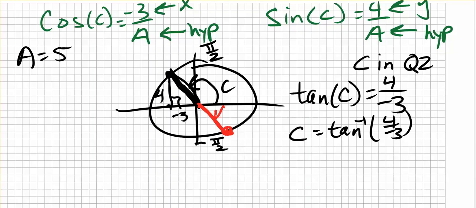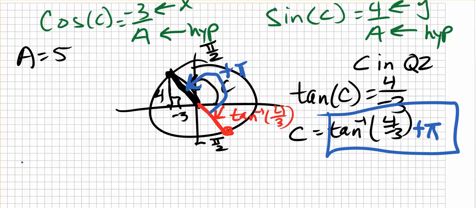So this angle right here is the inverse tan of 4 over 3. And that is not what C is. In order to get to C, we need to add pi to that angle, plus pi. So that means we need to add pi to the inverse tan of 4 over negative 3 to get to C.